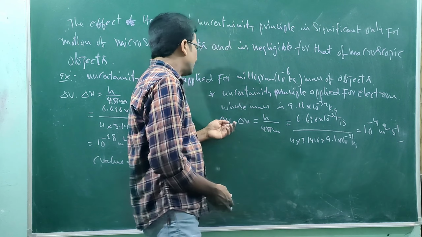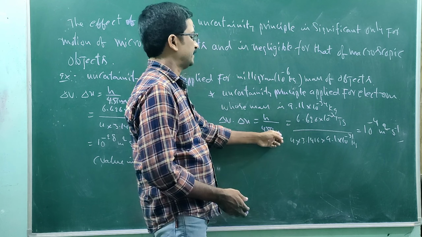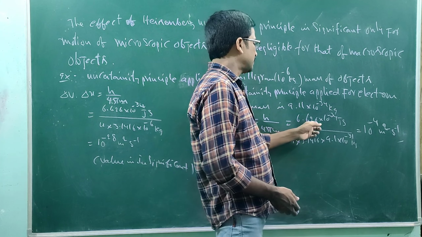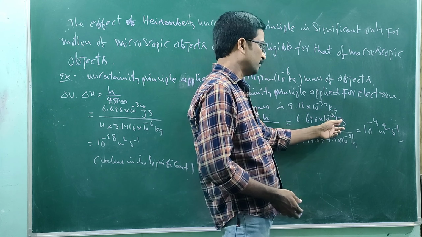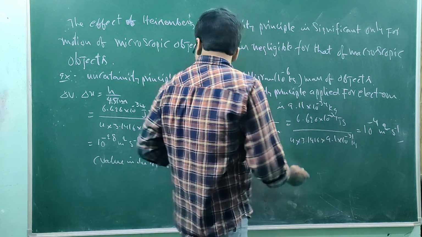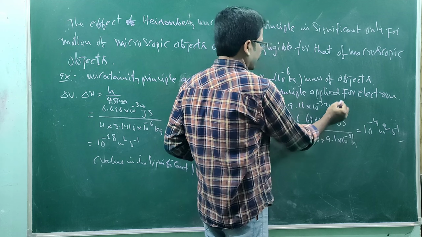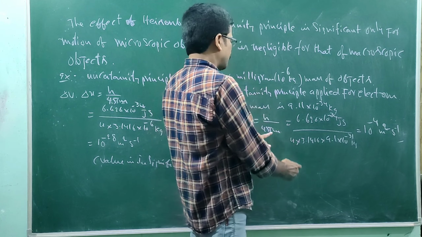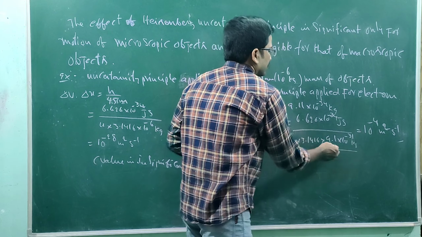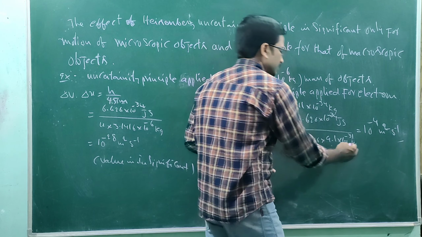Then del V into del X is equal to h by 4 pi m. The h value is 6.626 into 10 to the power of minus 34 joule second, pi is 3.1416, and m is the mass of the electron, 9.11 into 10 to the power of minus 31 kg.